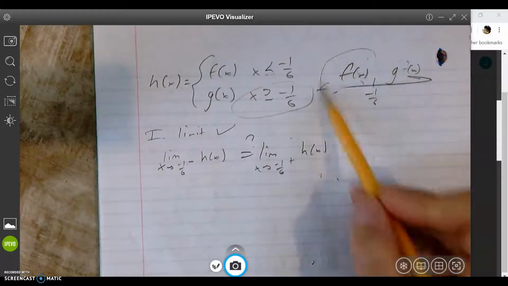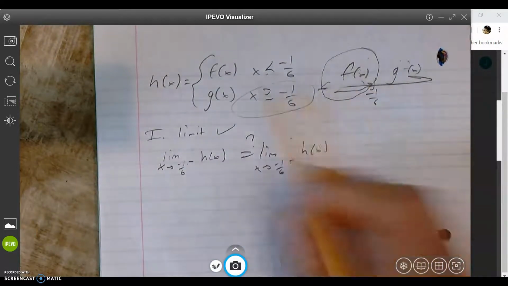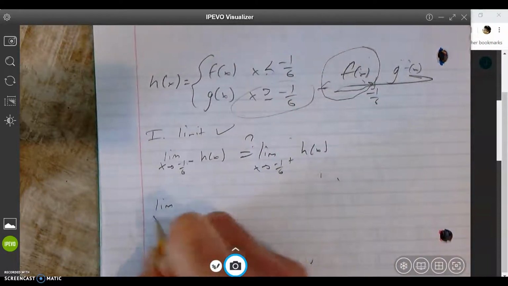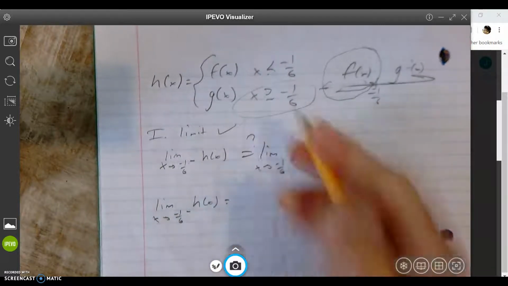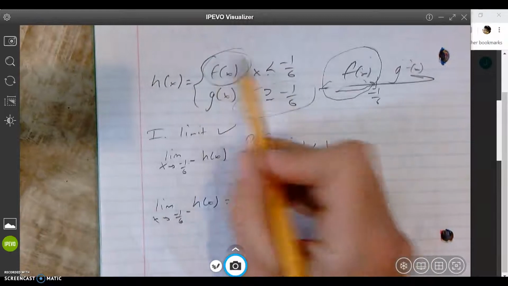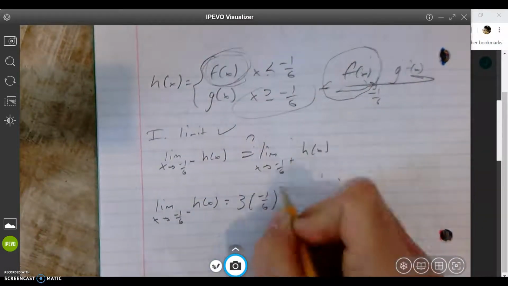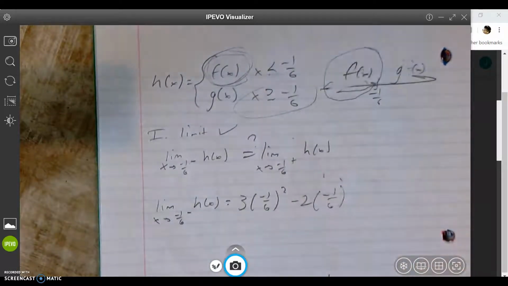Alright, so the limit as x approaches negative 1/6 from the left, that would be here, so that's on g of x. So the limit as x approaches negative 1/6 from the left of h of x equals, plugging negative 1/6 into f of x, 3 times negative 1/6 squared minus 2 times negative 1/6.